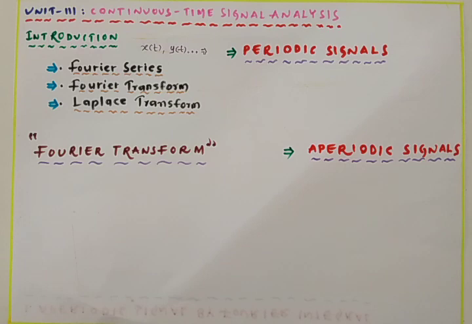Here I am going to talk about the Fourier series and the Fourier transform. In the second unit, we discussed the Fourier series. Fourier series is an infinite sum of trigonometric functions, which are used to model periodic signals.